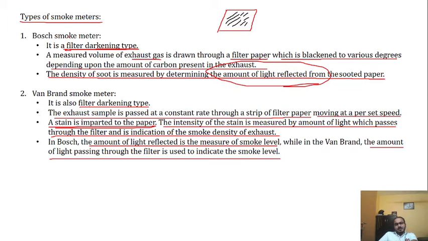Then we discussed various types of smoke meters. First is the Bosch smoke meter, which is a filter darkening type, where a measured volume of exhaust gas is drawn through a filter paper, which is blackened to various degrees in accordance with the amount of carbon present in the exhaust.